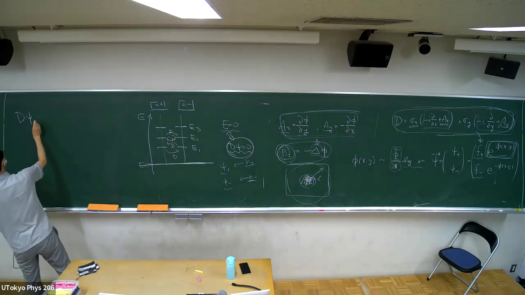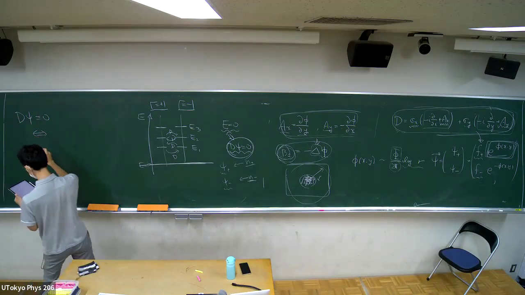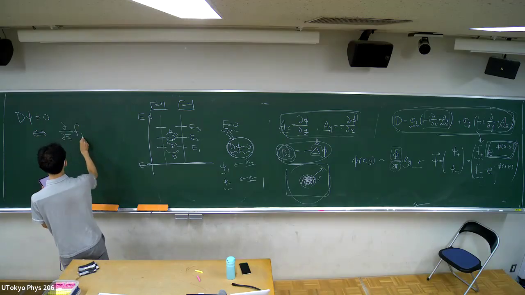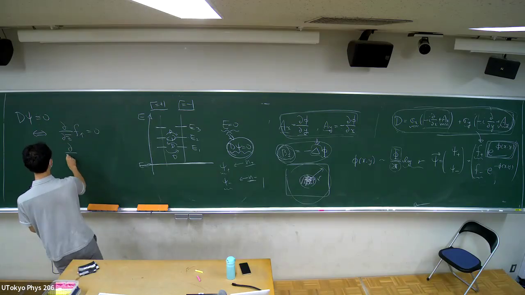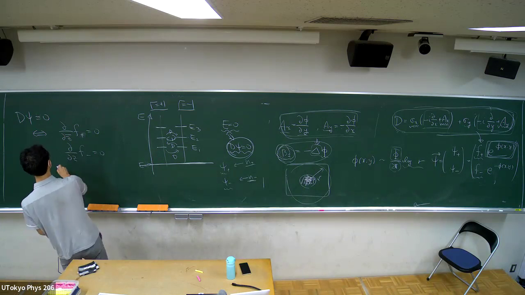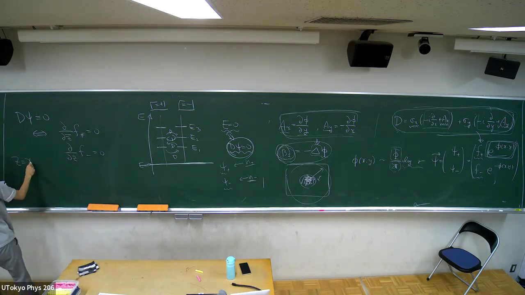d psi is 0. It's equivalent to the fact that partial bar z of f plus is 0, and partial z of f minus is 0, where z is x plus iy, and z bar is x minus iy.